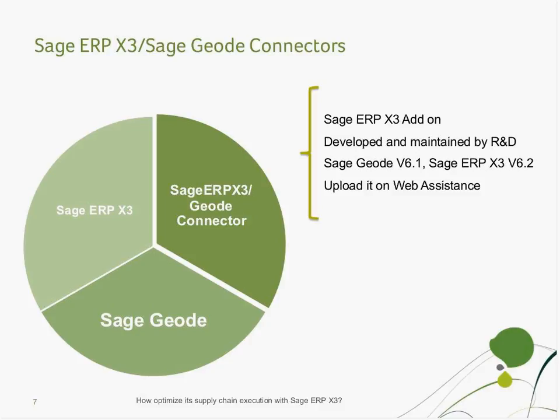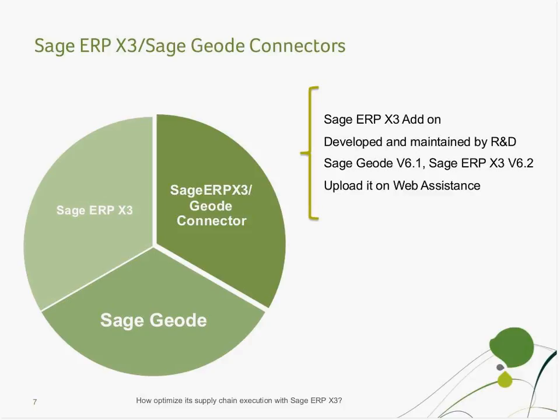The session today is delivered on the Web Assistance portal. That means that you can upload it on the Sage Assistance portal or order it via your usual contact in the sales administration team. In the Sage ERP X3 price list, you now have two modules of WMS, regular and optimum, corresponding to levels of functionalities more or less advanced, and you have a line regarding the X3 connector.